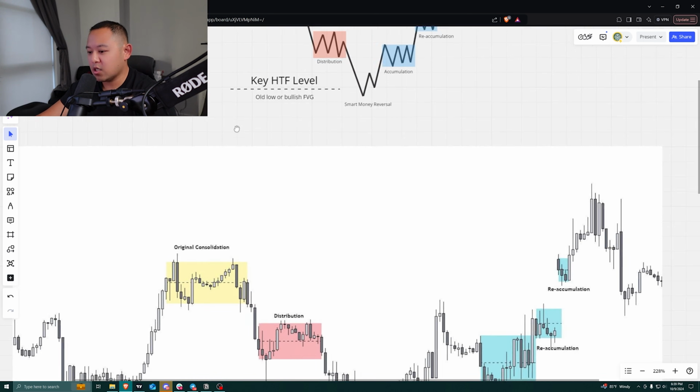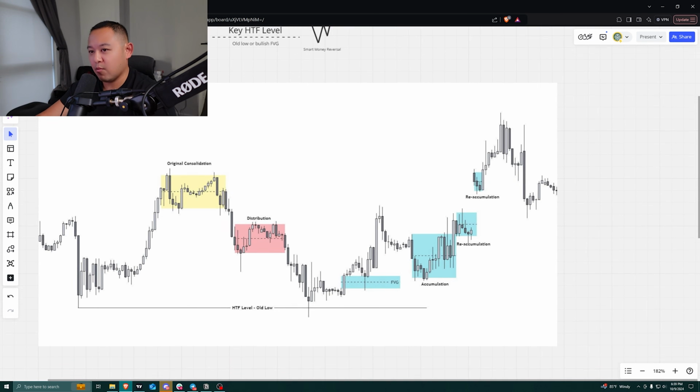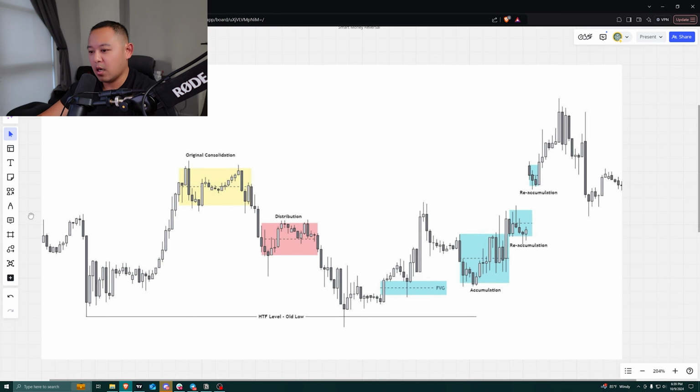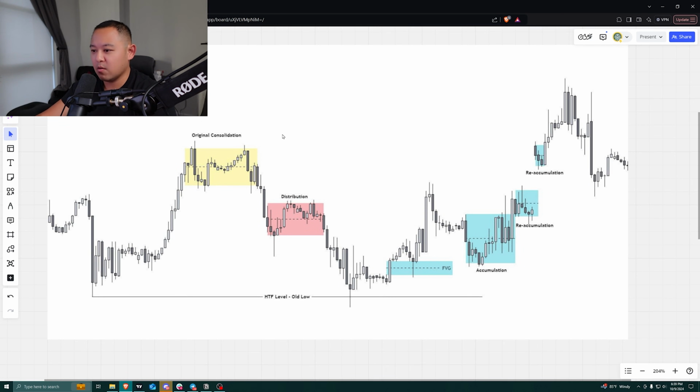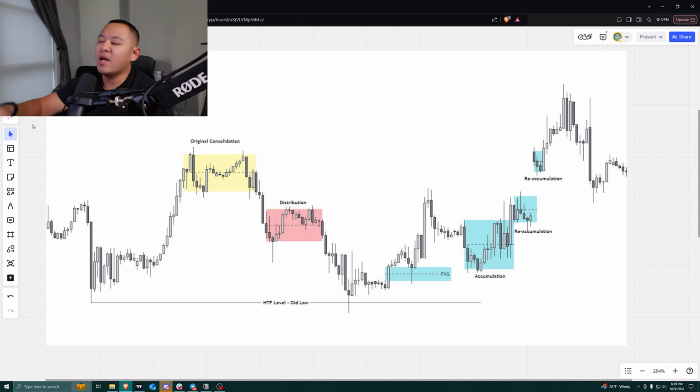So here's just a couple examples that we're going to cover, and I'll kind of walk you guys through this. So, how do I know that there's going to be that original consolidation that is going to be ran out?